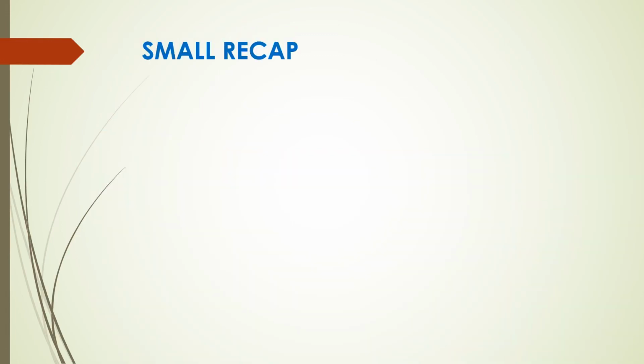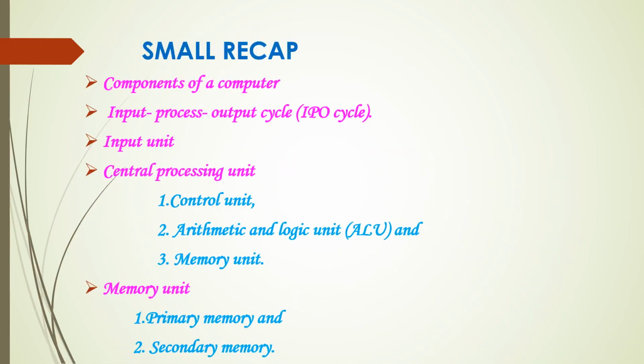A small recap of today's session. First is the components of a computer, an important 5 mark question. Next to it, we discussed the IPO cycle, that means the input output processing cycle. In the components of a computer, we discussed the input unit, the central processing unit, that means the control unit and the arithmetic and logical unit, and the memory unit.